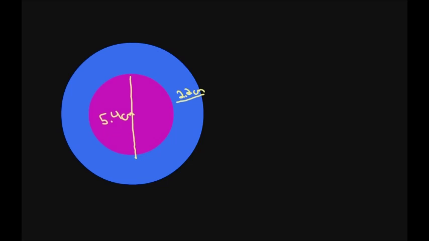Alright, so now we've got two circles here, and we want to find the area in blue. So let's first start with the pink area there. So my area equals pi r squared.